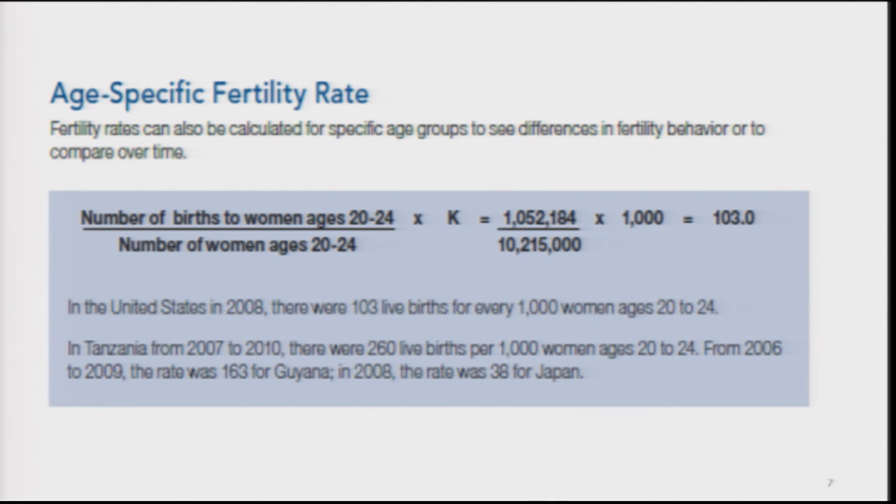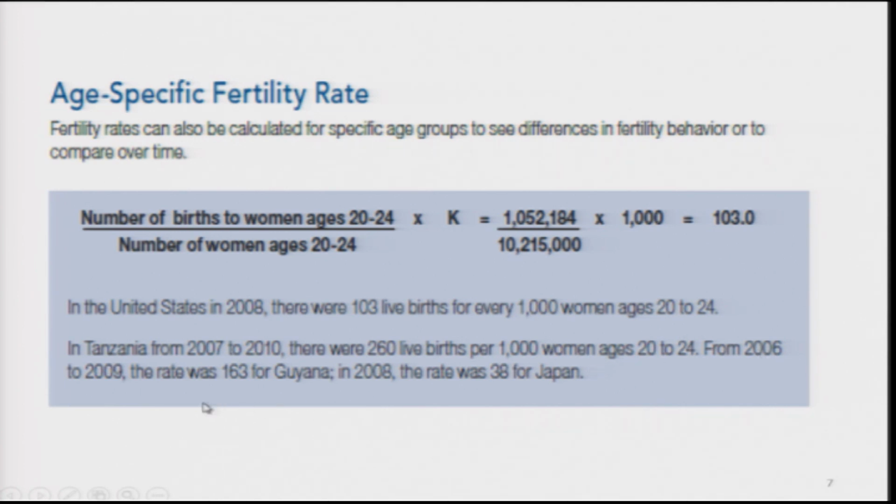Now, for this figure for 20 to 24 in the United States in 2008, there were 103 live births for every 1000 women aged 20 to 24. In Tanzania, from 2007 to 2010, Tanzania is a less developed country, there were 260, more than double, 260 live births per 1000 women aged 20 to 24.